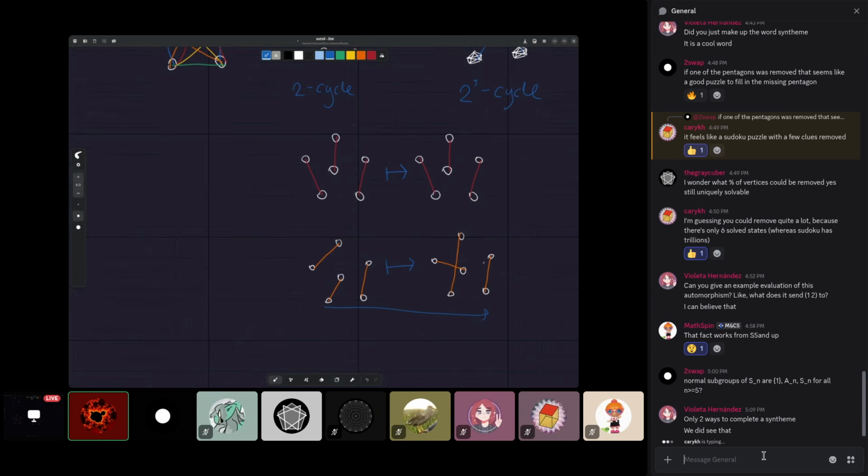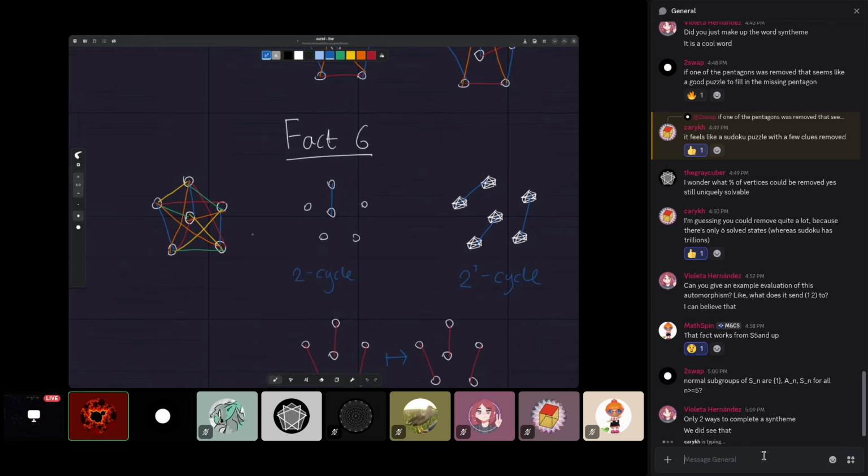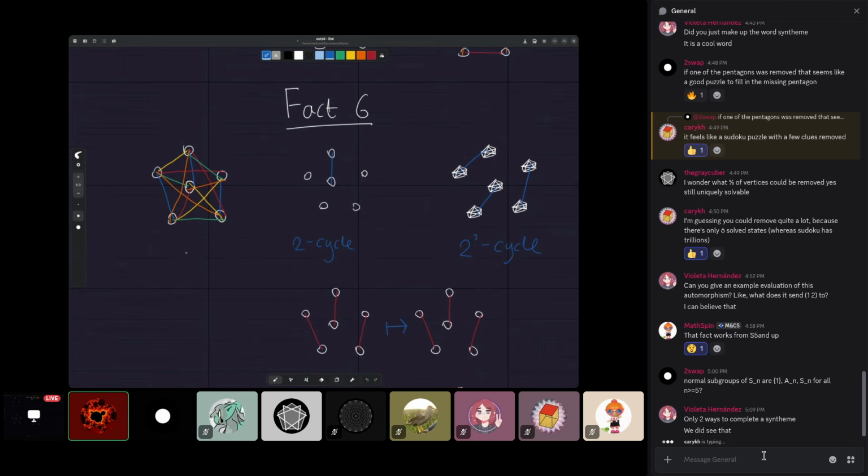They're not only changed, they're changed to something that cannot possibly be in the same pentad, right? Because this edge is fixed by applying the 2 cycle. So these two synthemes cannot belong to the same pentad. So what that means is if you apply this 2 cycle to this, you get something different.